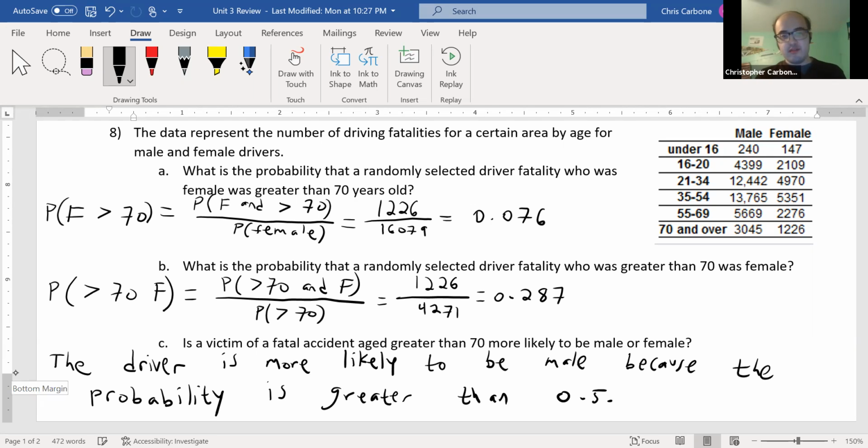Again, how can you tell that? Because this number is well less than a half, and this one's even smaller, so both of these are well less than a half. That's why the probability for the male being in a fatal accident greater than 70 is indeed more likely.